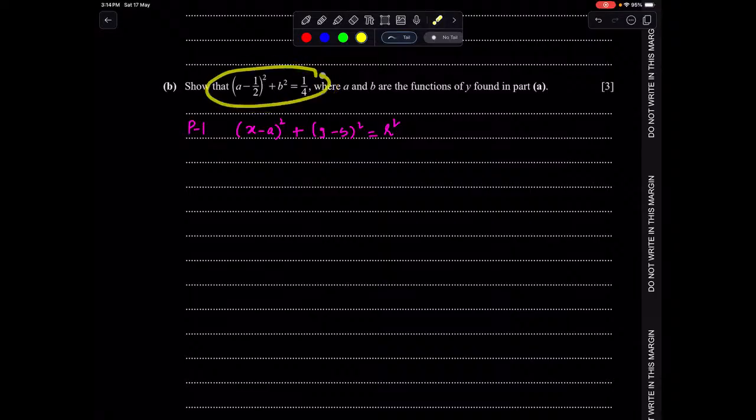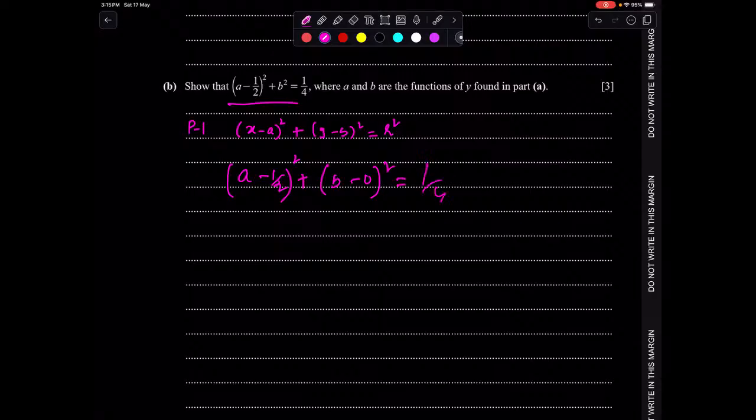This equation is similar to this. x is replaced by a, y is replaced by b. You can write this as a minus half square plus b minus 0 square equals 1 upon 4. So this is the equation of circle with center at half comma 0 and radius 1 upon 2.